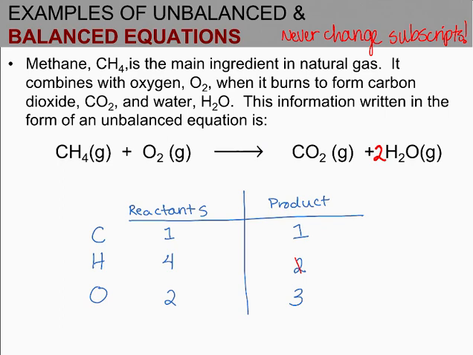So now we have 4 hydrogens, and we've also changed the number of oxygen atoms. So now we have 2 oxygens from CO2, and we have 2 oxygens in our doubled H2O there. So that's a total of 4 oxygens.